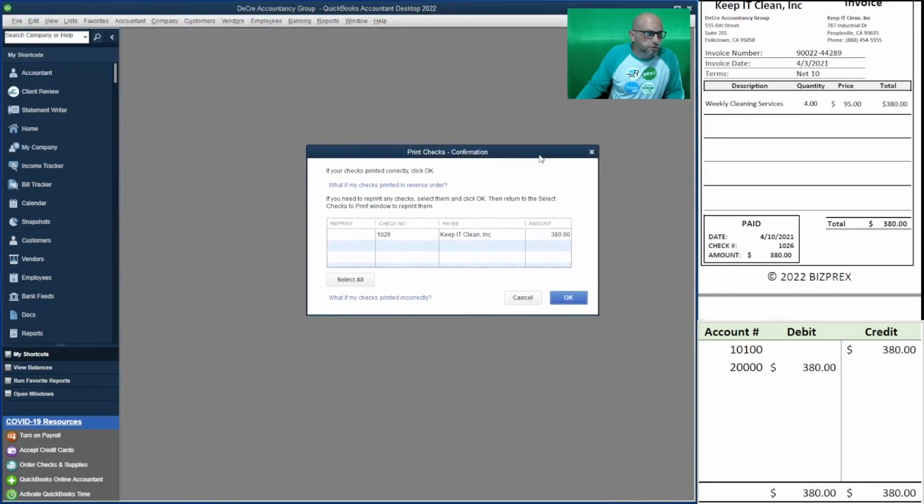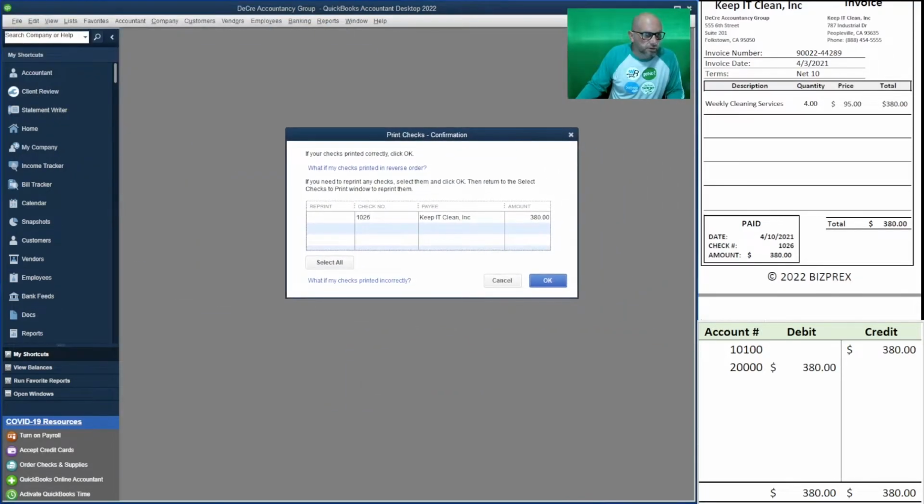We'll check the check once it prints. Okay, here it is, it's printed, and the amount is 380. It's a debit to account 20,000 because 20,000 is a liability, it's accounts payable, and liabilities are reduced when debited. And it is a credit to account 10,100, which is our bank account, and bank account is an asset and it is reduced when credited.